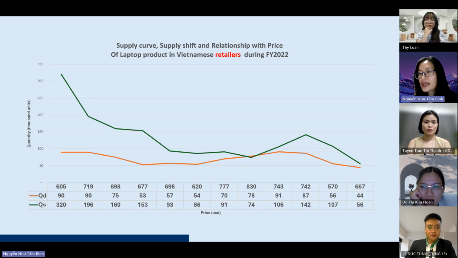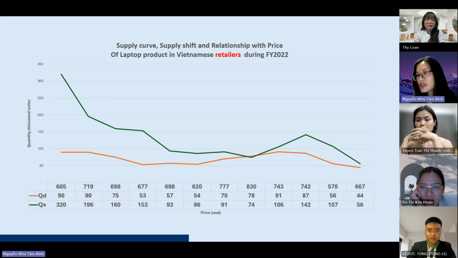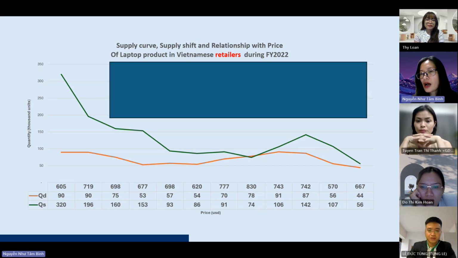And at the same time, since August of 2022, the demand started to increase because it was the beginning of the back to school season, and due to the supply chain disruption, all the orders were delivered late. So a sudden shortage appeared in August.